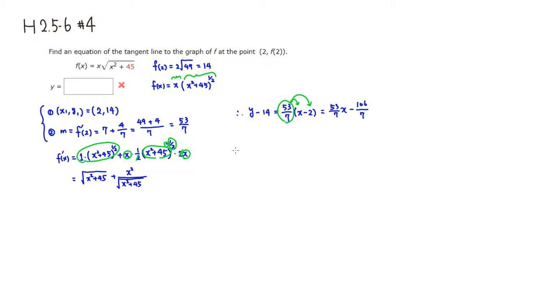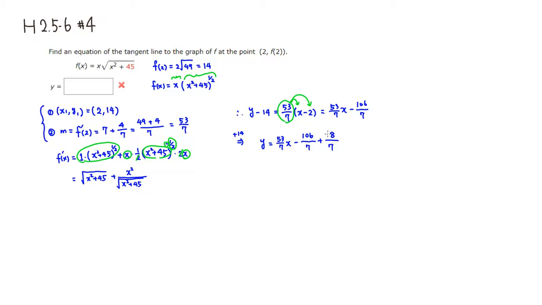Then we just need to add 14 to both sides, so y is equal to 53 over 7 x, minus 106 over 7, and we want to add 14 to it. 14 is what over 7? 14 times 7 is 98, so 14 is 98 over 7.